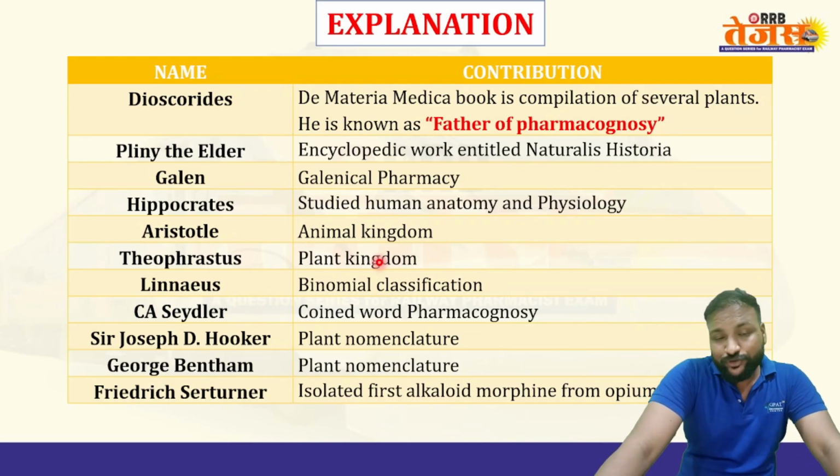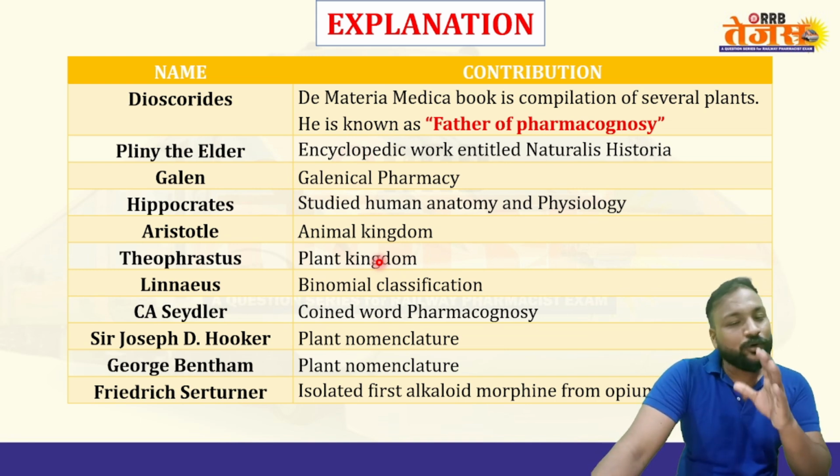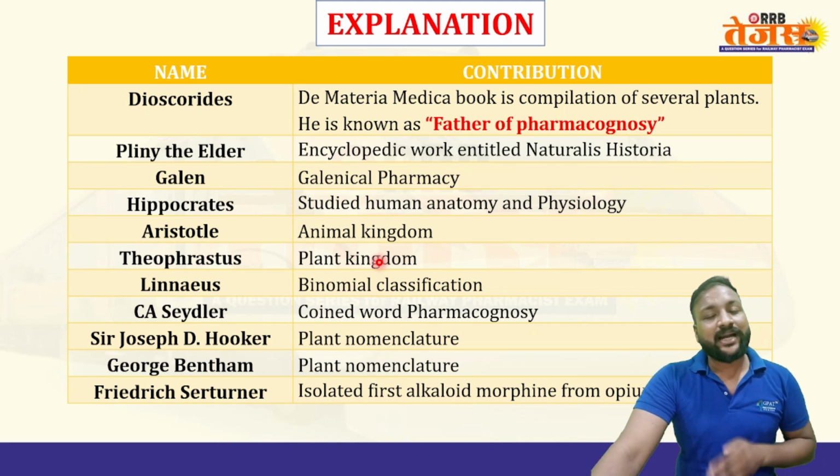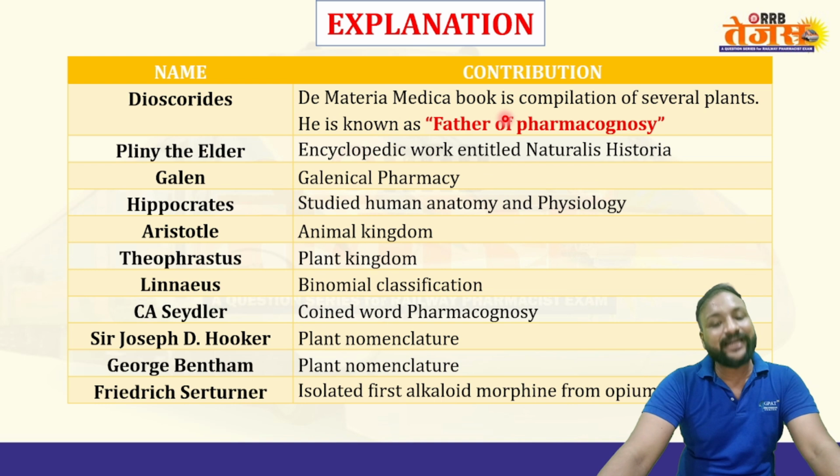But now we need to look at the other important personalities in the history and introduction of pharmacognosy. Dioscorides, in the book De Materia Medica, compiled several plants.